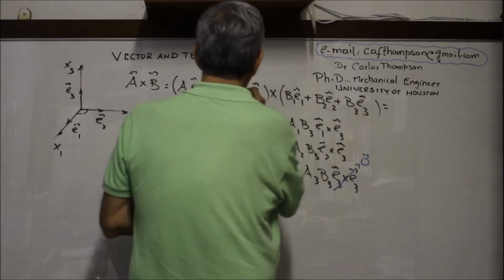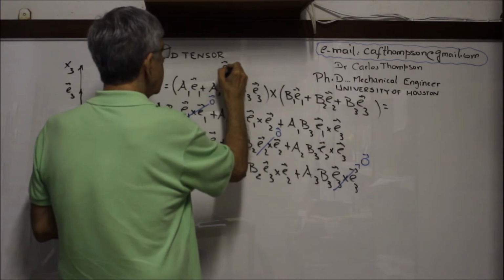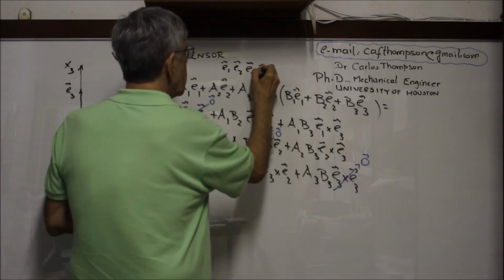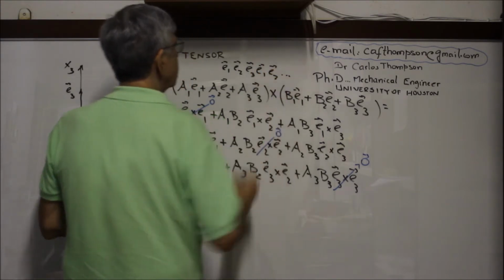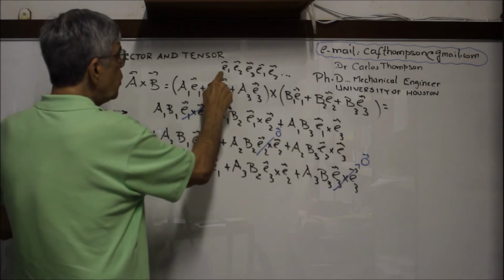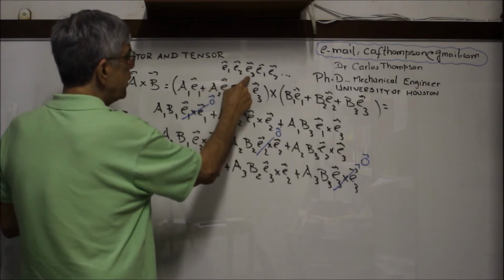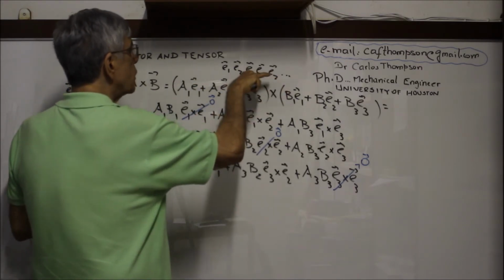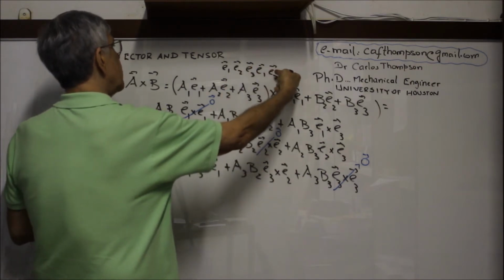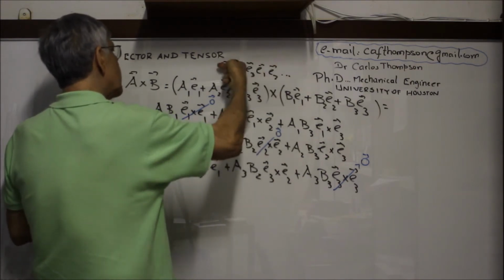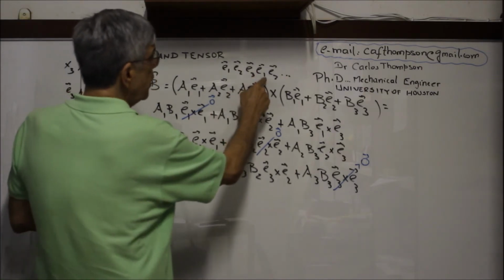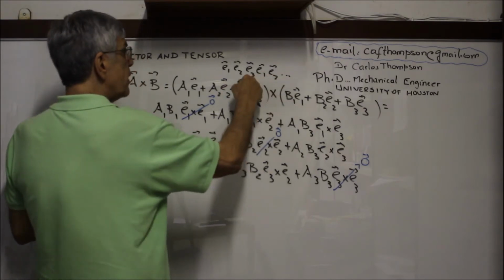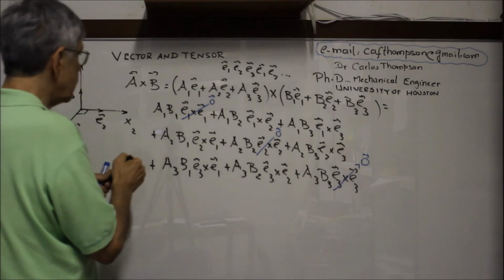You put here E1, E2, E3, E1, E2, and so on. Now, E1 cross E2 is E3, so when you go forward, it's positive. When you go in this direction here, it is negative. For instance, E1 cross E3 is minus E2. E2 cross E1 is minus E3. It's very, very easy to see.